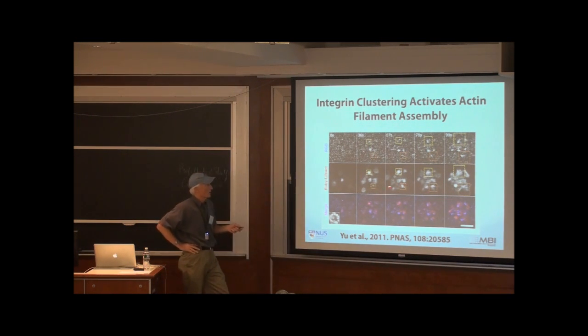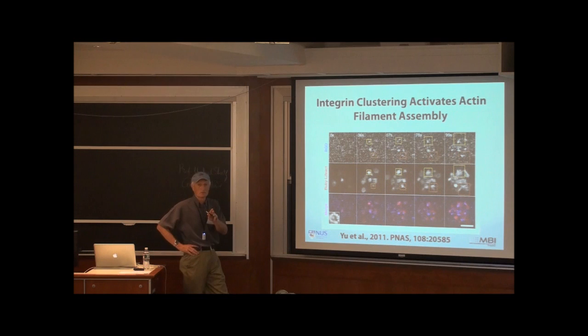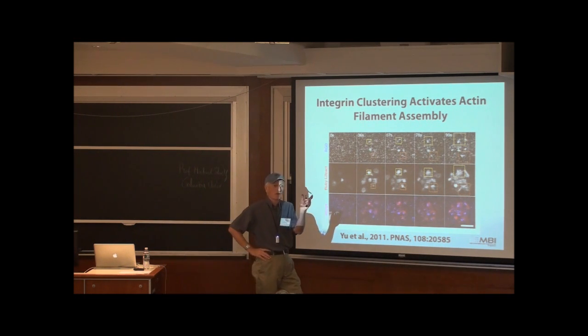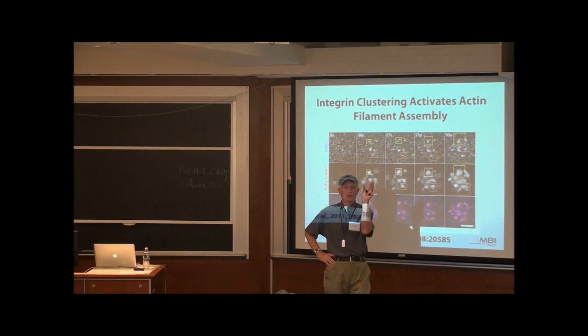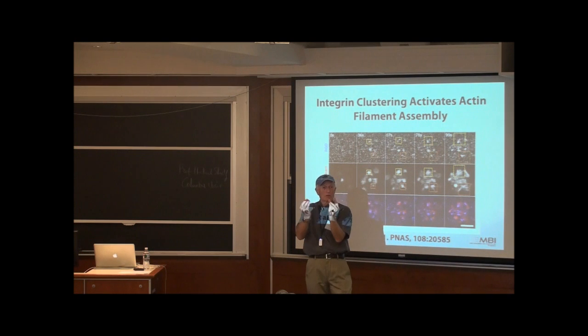Indeed, we see that when these clusters form, actin polymerizes from those clusters. Okay. So this is sort of cute. What nature is doing is saying, I need this minimal adhesion unit. I'm going to create this cluster. And the way I'm going to know that I have a cluster is by polymerizing actin from that cluster. So now that cluster can be contracted to other clusters by an actomyosin dependent manner.